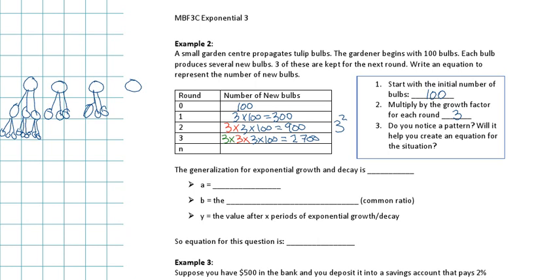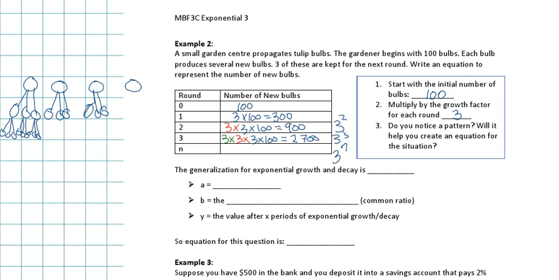Okay. Now if I have n terms, n rounds, what would it be? 3 to the power of n. Right? It could be 10, it could be 50, it could be 500. It's 3 to the power of that number, whatever that number is. Now remember that it's always multiplied by, what do we call this value, the 100?